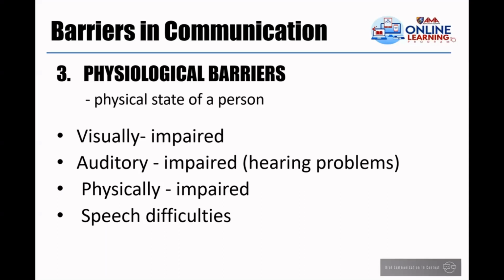In terms of what they are talking about, of course they cannot clearly see the non-verbal signals and symbols. Also with auditory impairment, physical impairment, and speech difficulties, all of this can hinder the communication process.